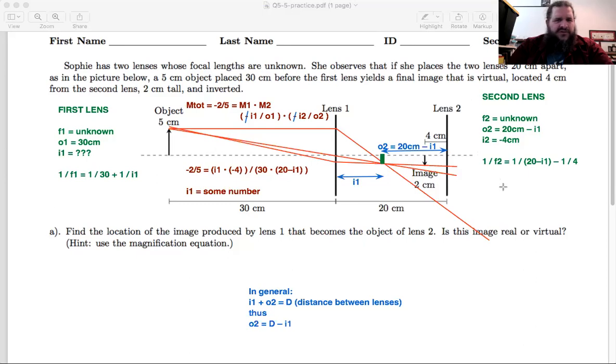And I think that should just be solvable for F1 and F2 individually, because at that point, each one of those equations has only one unknown left. So I think that should be the final piece of the puzzle for solving for the image distance one using magnification, and then use that to solve for each focal length individually.